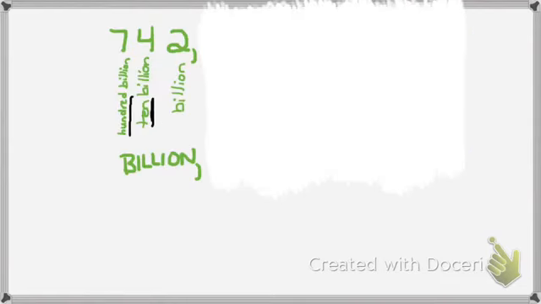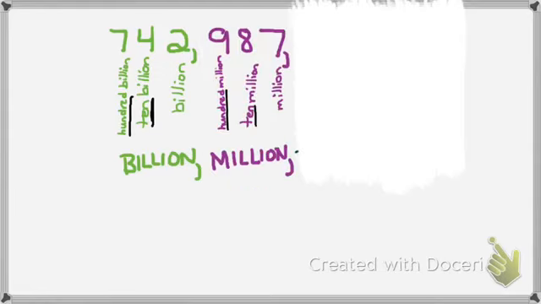And again, period by period, you do read the 3 digits as if you would if there was only 3 digits on the page. So if the 3 digits on the page were 742, I would say 742. Now when I get to the comma, it tells me the name of the period. So this would be 742 billion.